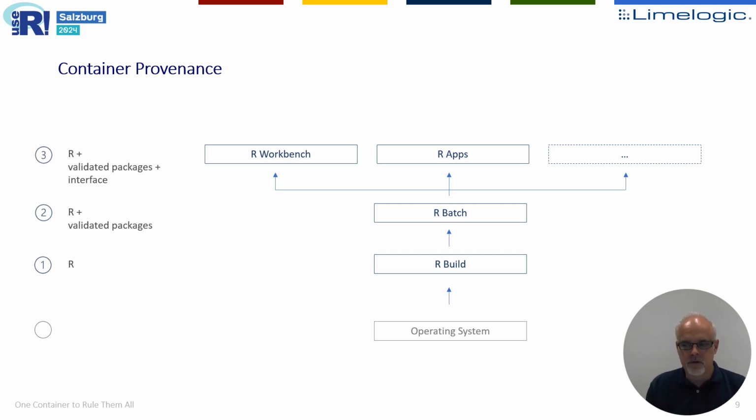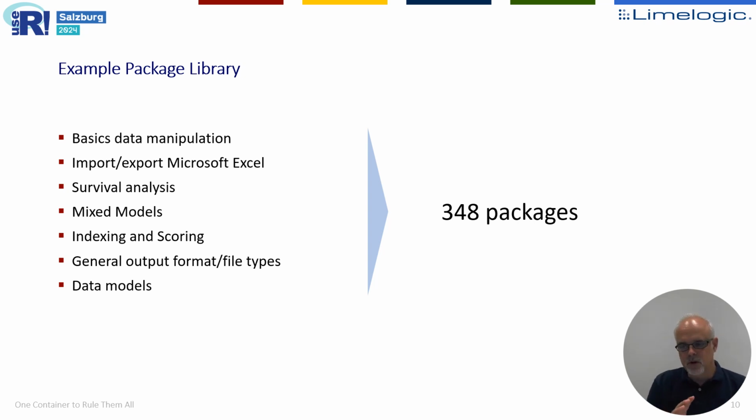Now, this approach works really well, but it does have one drawback. And that is because when we build a container, we're still running a script file end to end. So that means that whenever we create the R batch container, we are installing all those packages again and again and again, right? But we can look at R and containers to simplify that even more. And I'm going to use a use case as an example of why it's such an issue.